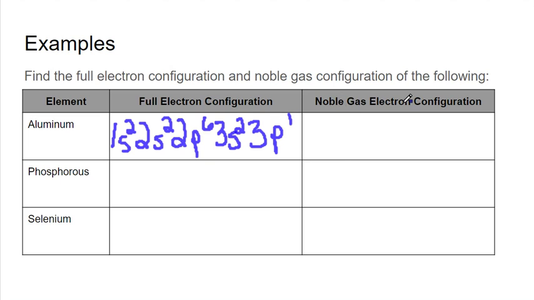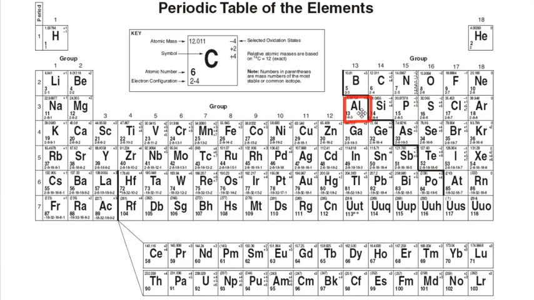Now, to find the noble gas electron configuration, what you want to do is go back to the periodic table and find the noble gas that comes just before the element you're interested in. In this case, I'm interested in aluminum. Aluminum is element number 13, and the noble gas that comes just before aluminum would be neon, which is element 10.